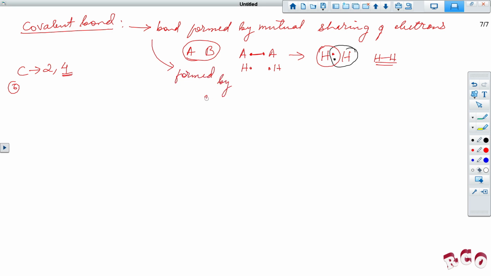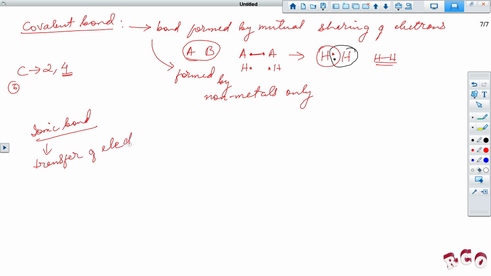Covalent bond is formed by non-metals only. Let me give a quick piece of information about the ionic bond. Ionic bond is formed by the transfer of electrons from one atom to the other.